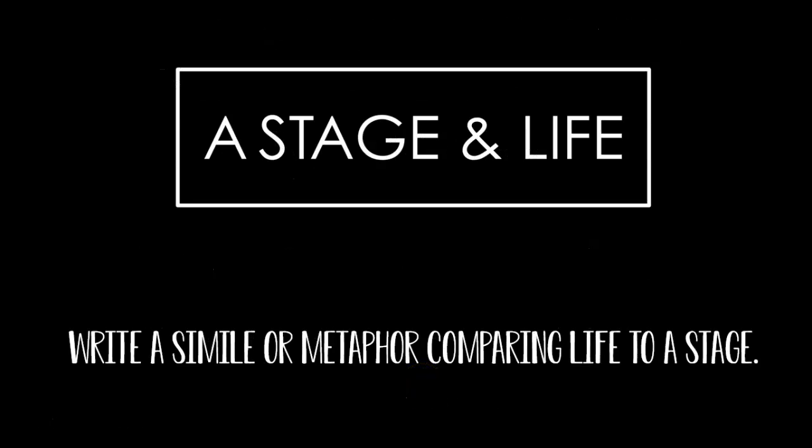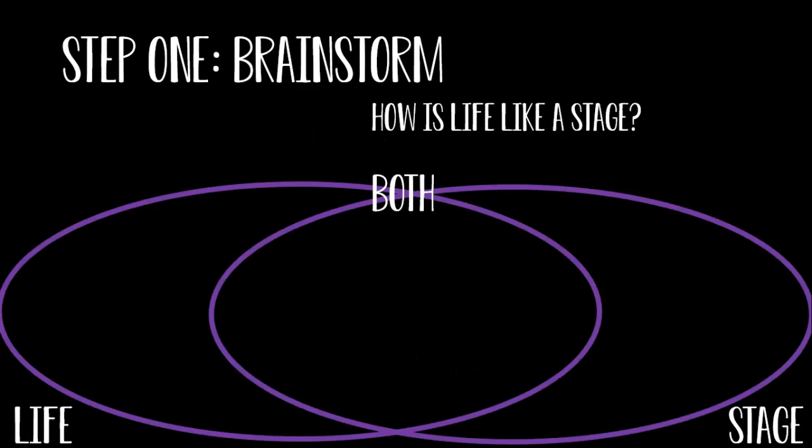So if we were going to write a simile or a metaphor comparing life to a stage, there are some specific steps we would need to take. Again, we want to write a simile that compares a stage to life, or a metaphor that compares a stage to life. So first we would start with a brainstorm.